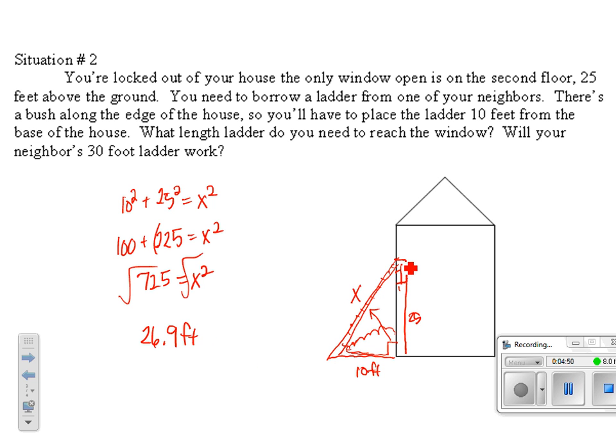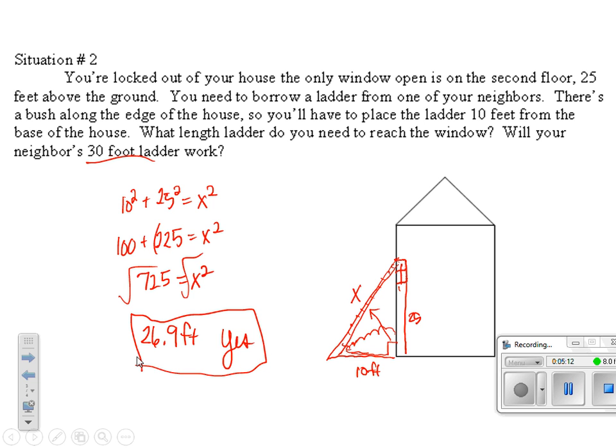So it's 26.9 feet from the ground up to your window. Will the neighbor's 30 feet ladder work? Yes, the 30-foot ladder will work. Would a 20-foot ladder work? Not so much, okay? So that is another application.